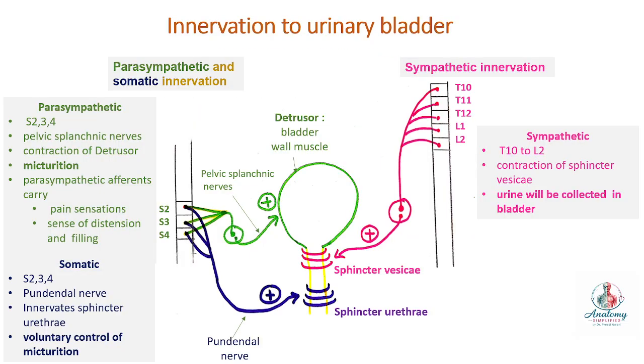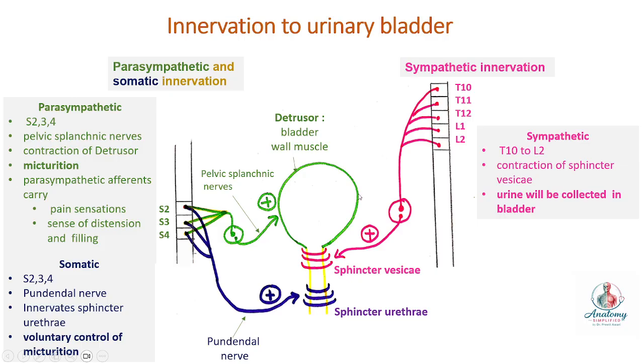This is a beautiful picture which shows all the components together. Let me explain this diagram. On the right side you can see the spinal cord with the sacral 2, 3, 4 segments highlighted, and in the center the green colored structure is the urinary bladder.